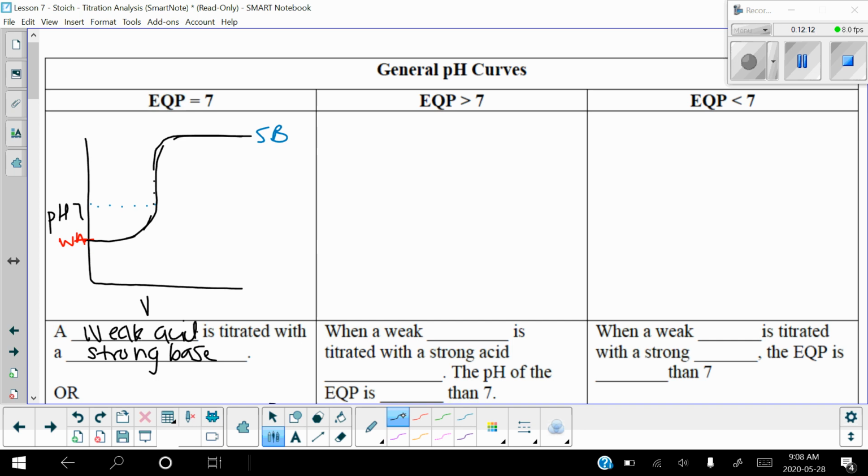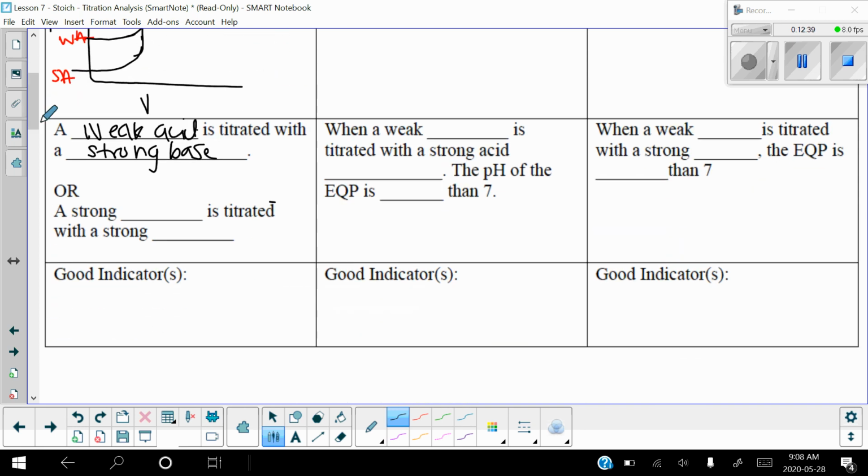The next situation we can have is a strong acid with a weak base. Okay, and the inflection point should be give or take the same. Sorry, the equivalence point. Okay, so the second scenario here is a strong base.